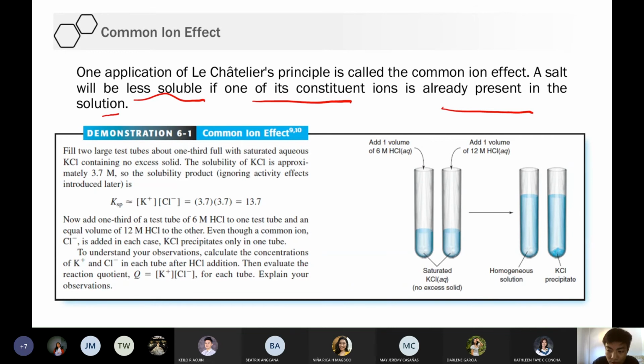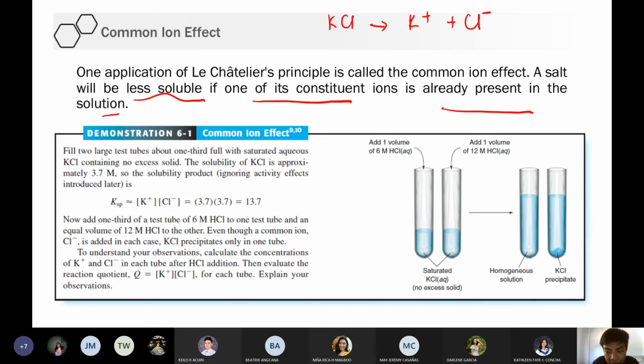Suppose we have a salt, let's say KCl. Potassium chloride will dissociate into potassium ion and chloride ion. Suppose your system already has chloride ions from NaCl, so suppose we add NaCl.